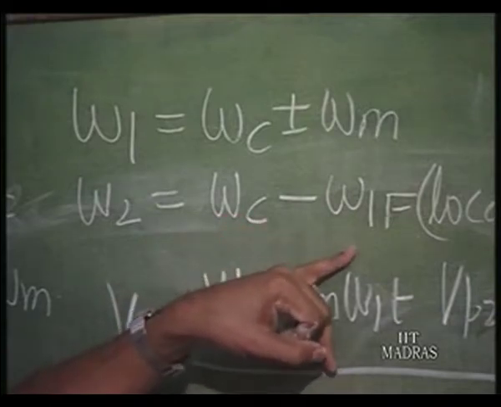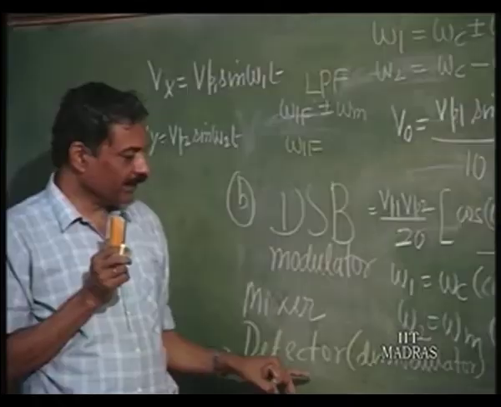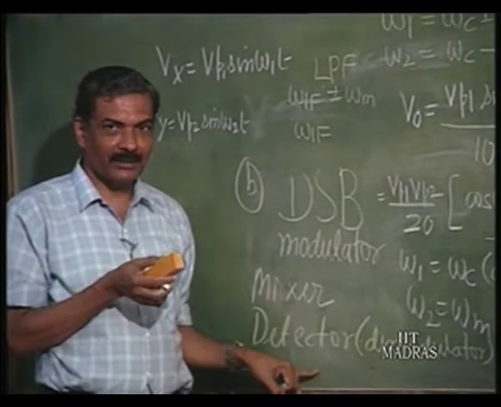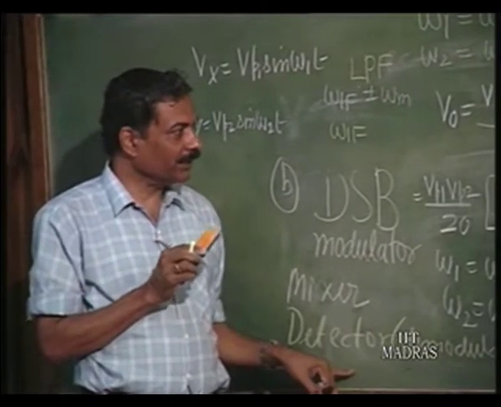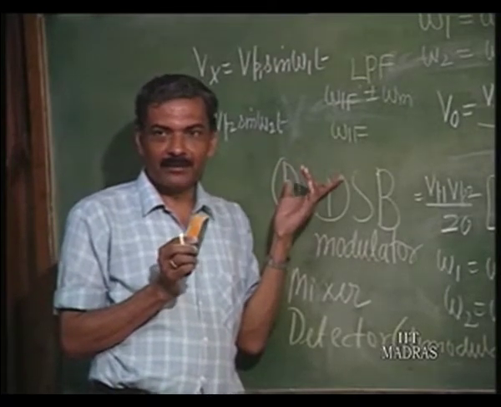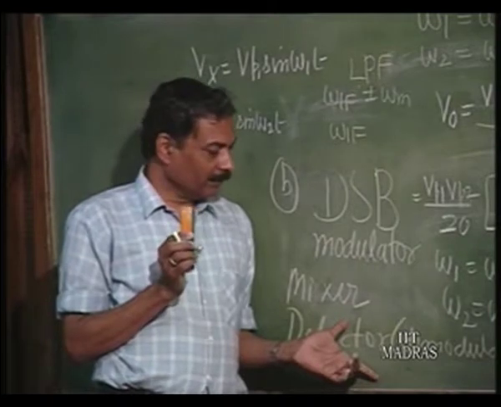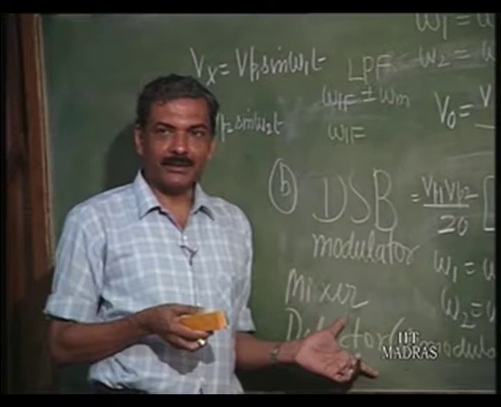It should be tracking with that, otherwise there will be problems in receiving. The same thing is true with this detector, that I should be able to generate a local oscillator frequency omega IF with the same amount of stability as that of the IF strip itself. So, with that requirement, the receiver design becomes pretty complicated.